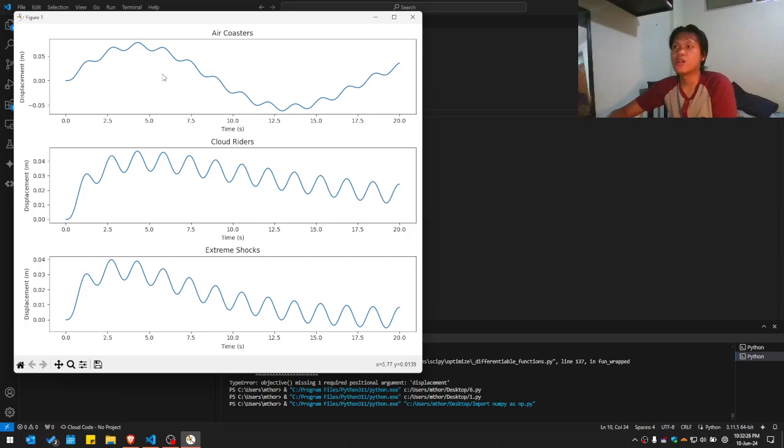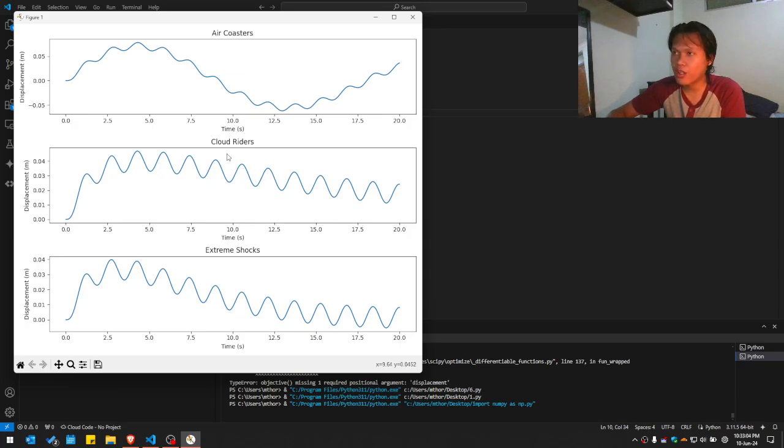And we have this plot. We also have displacement and time, like the previous plot, and we can see the characteristics for Air Coasters. For example, Air Coasters has its starting point at 0 and reaches the high point of 0.05, and also reaches the lowest point in the middle of the time, and again reaches the high point too.